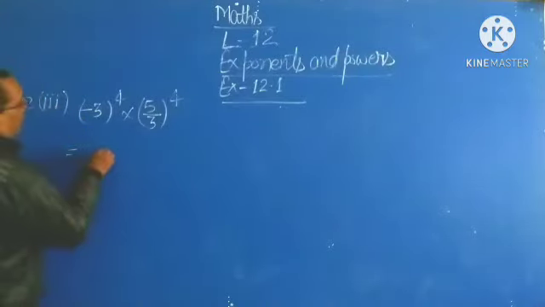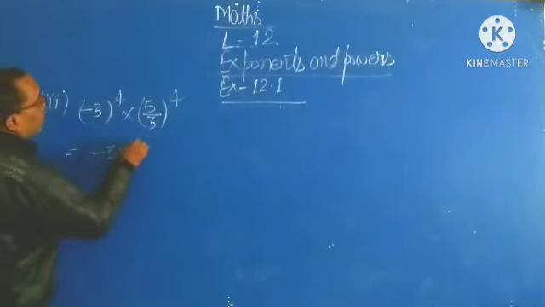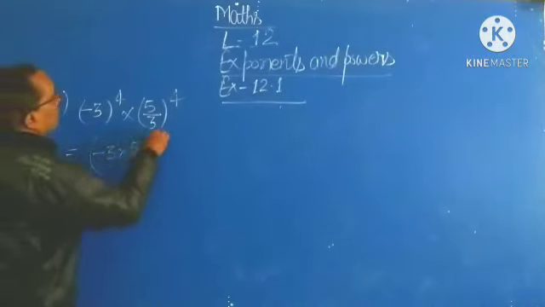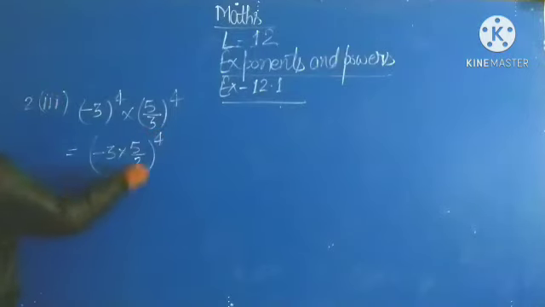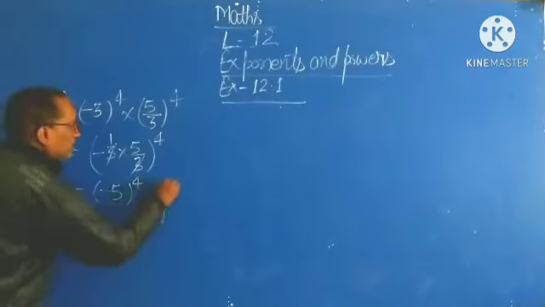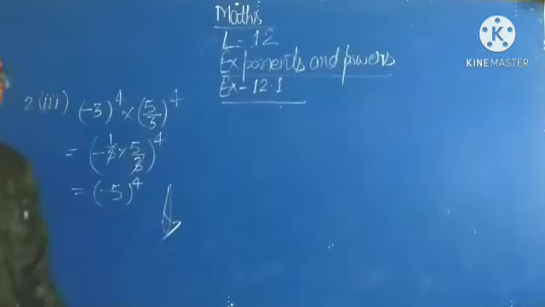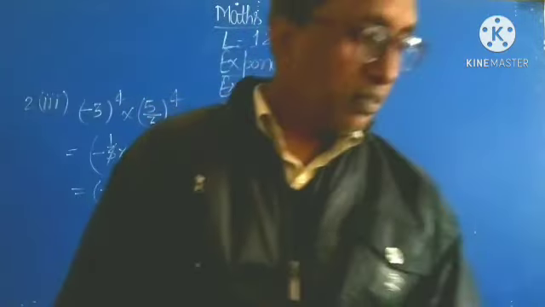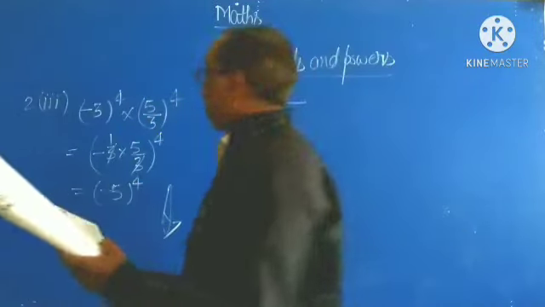You write down minus 3 into 5 upon 3, whole power is 4. 3 is cancelled here, you get minus 5 raised to power 4. This is your exponential form in positive exponent. That's question number 2.